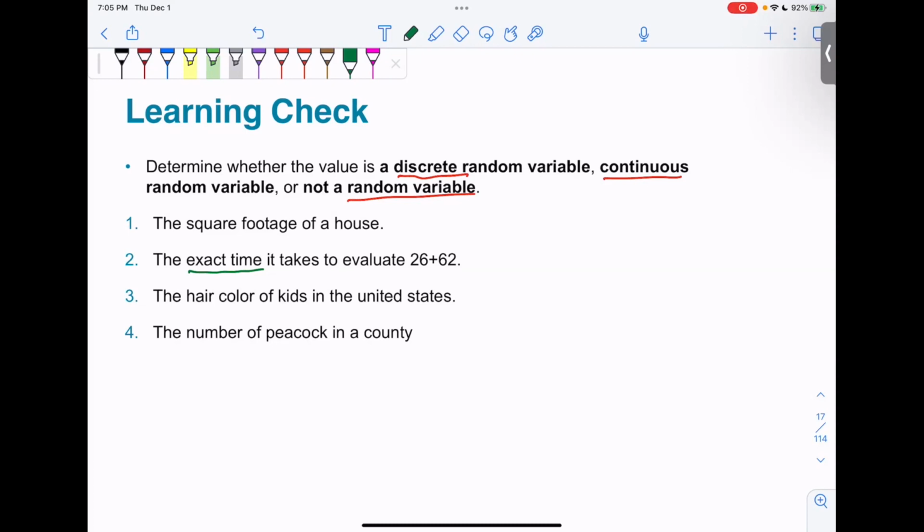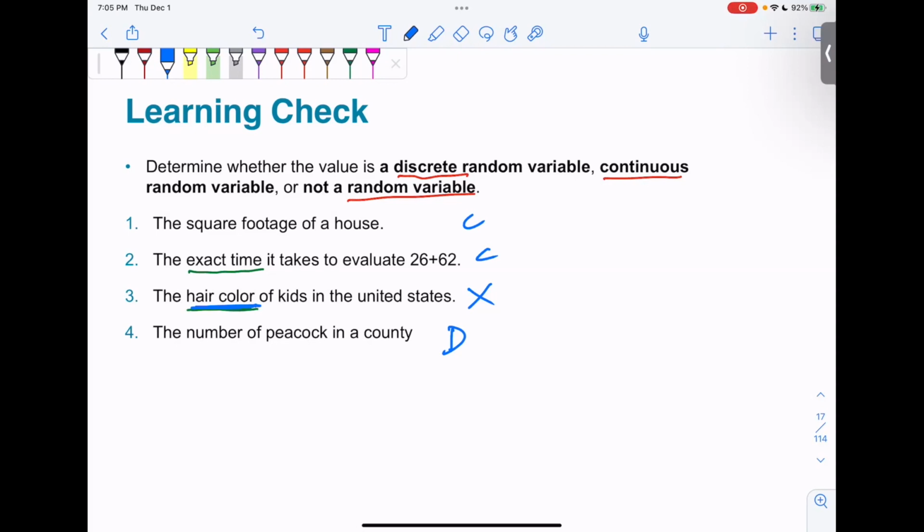Is there any number we can get from hair color? Hair color is nominal, so it's not numerical. So this is not a random variable. And then the number of peacocks in a specific county is discrete.